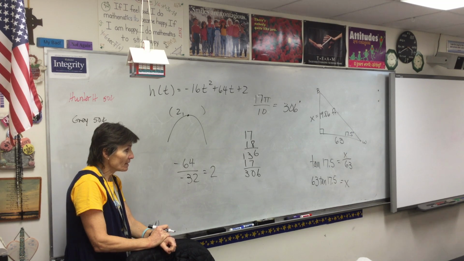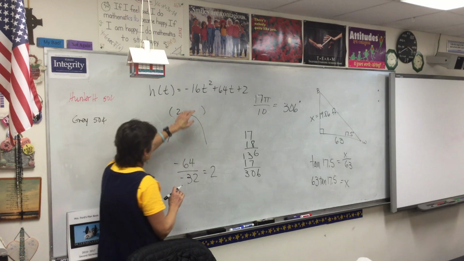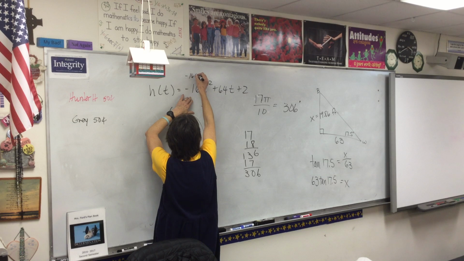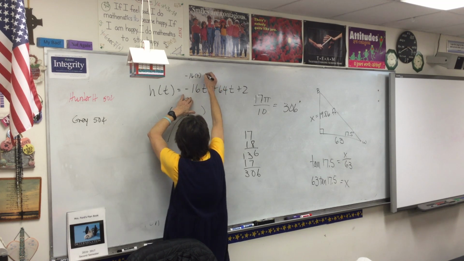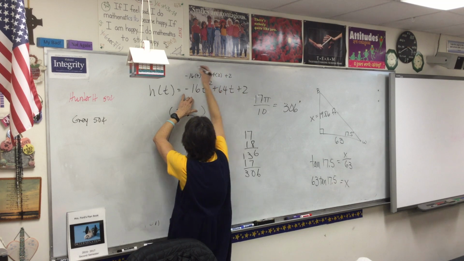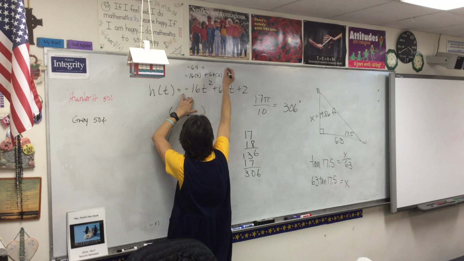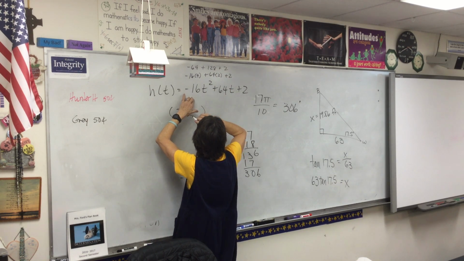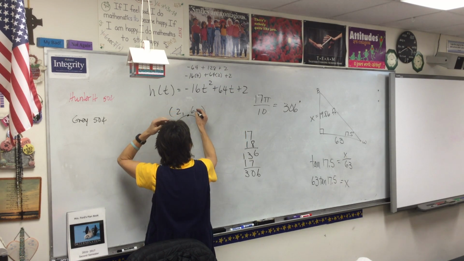How do I find the something? Plug that 2 in. Remember, you square first, so it's negative 16 times 4 plus 64 times 2 plus 2. You do have a calculator on this problem to help you with this, if you need help with it. I got 66.